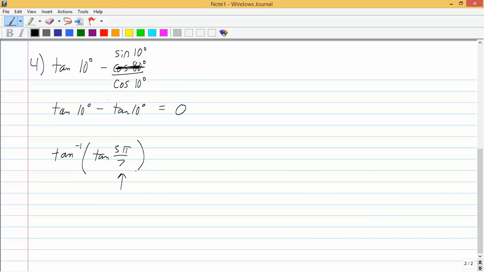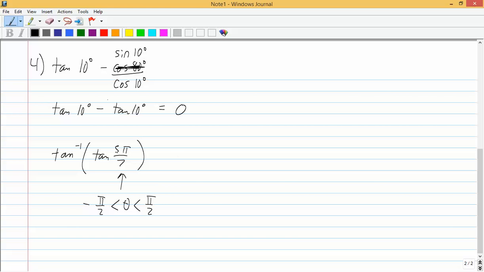Alright, the property that we have to make sure that we understand is, if this angle measure here is between negative pi over 2 and pi over 2, if that is between those two, then the answer is just that.